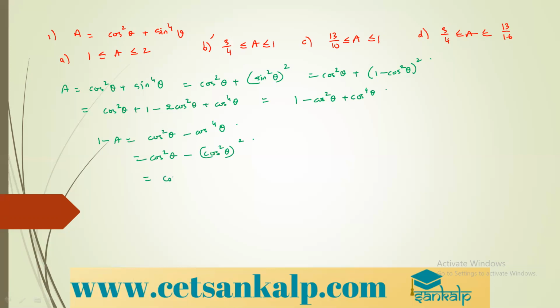You can take common cos square theta. What is left is 1 minus cos square theta, that is cos square theta into sine square theta. So this I can write as sine theta into cos theta whole square. Now I can divide by 2 and multiply by 2. So 2 sine theta cos theta is sine 2 theta.